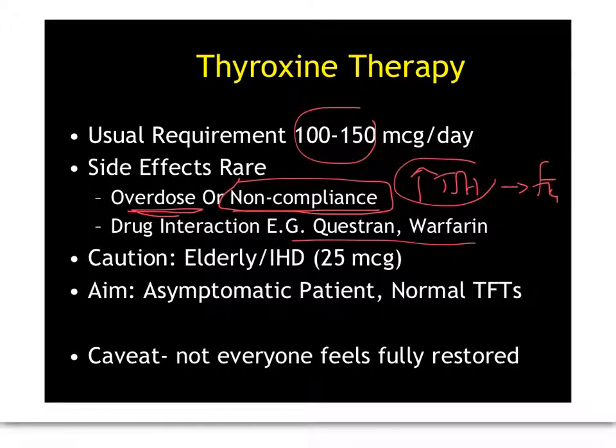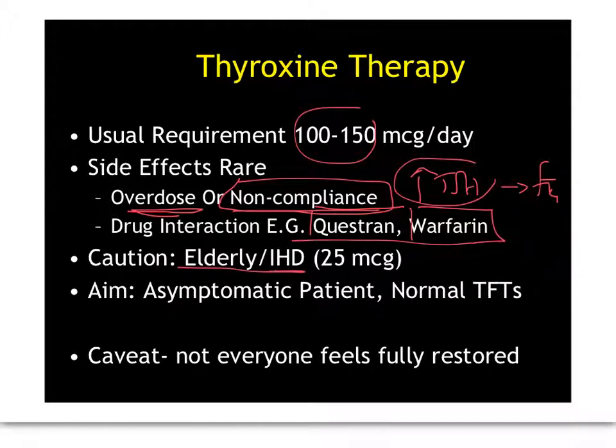Drugs can interfere with thyroxine. We talked about plasma protein binding, so drugs that affect plasma protein binding can lead to changes in the available thyroxine in the circulation. And this is a very old-fashioned drug for cholesterol lowering, which can bind thyroxine in the gut and prevent it being absorbed.